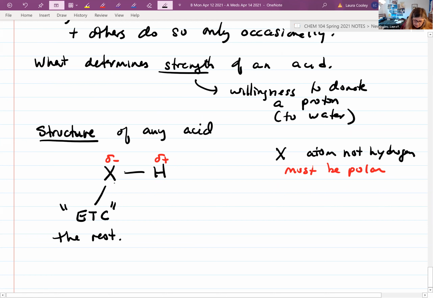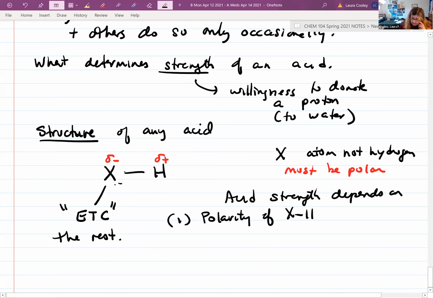So we have the atom that directly holds the donatable hydrogen. That's this X here. And then we have the rest of the molecule. So what the acid strength depends on, very basically, first of all, is the polarity of the XH bond.